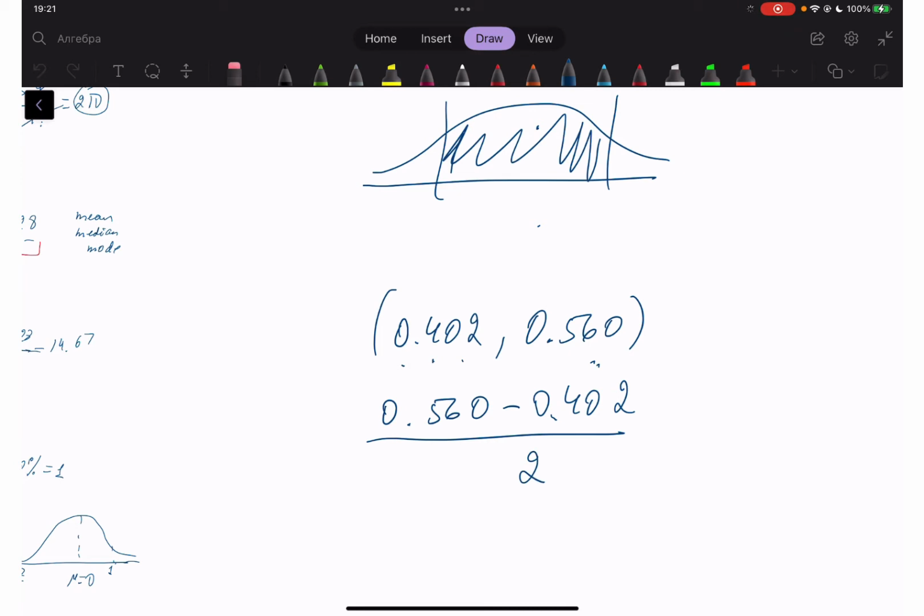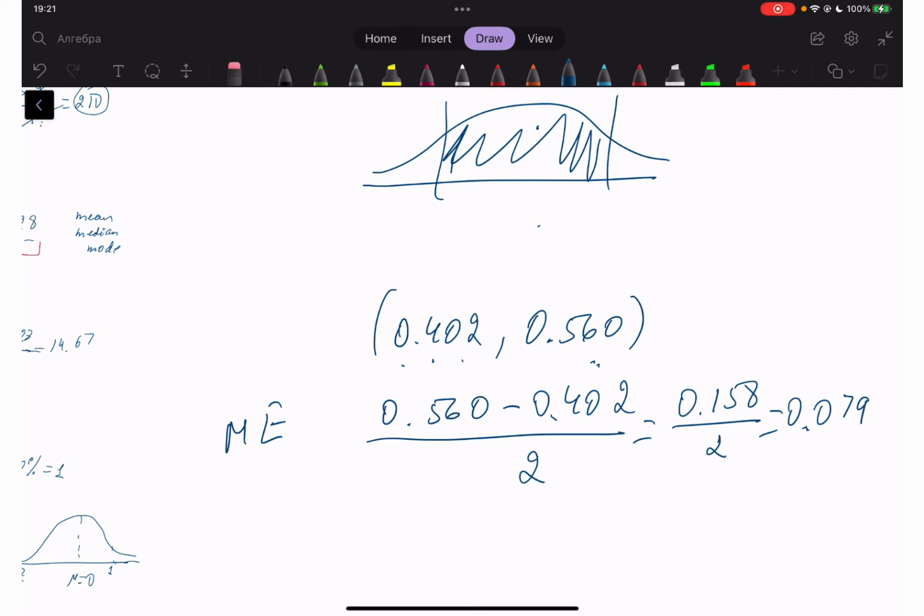Okay, so margin of error. 0.56 minus 0.402, it's going to be 0.158. And if we divide by 2, we are getting 0.079.